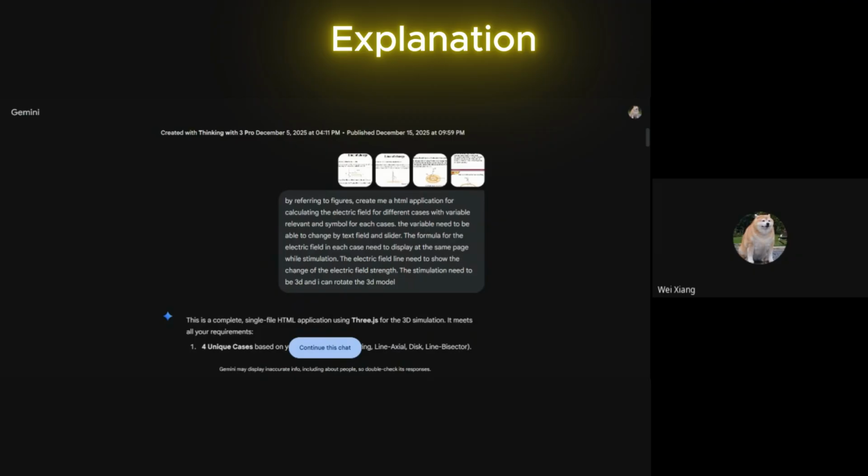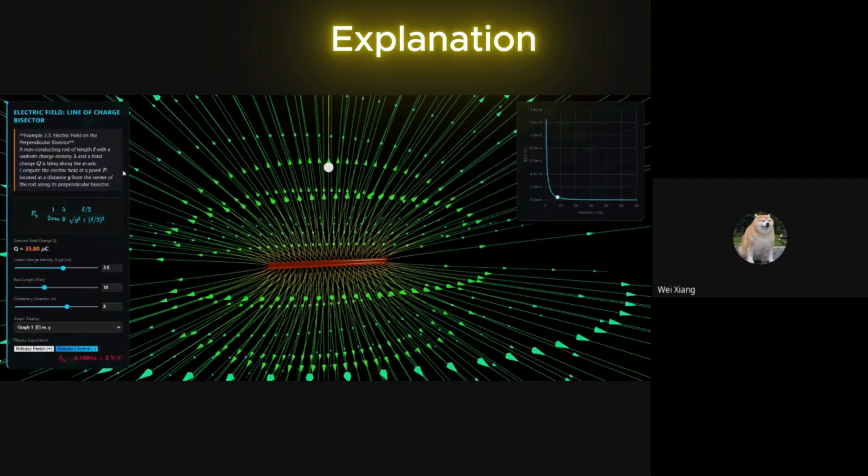And after making a few adjustments, we settled on the line charge bisector, which is shown here. Other than the initial prompt, we also made a few improvements, such as showing the situation, an improved version of the formula, as well as the derived total charge and the final electric field calculation.